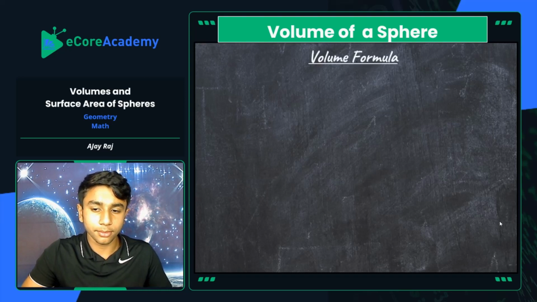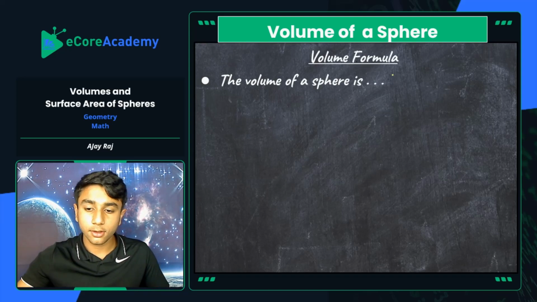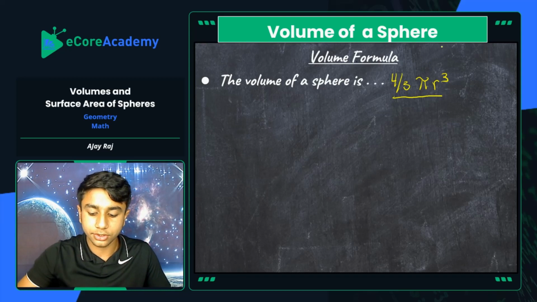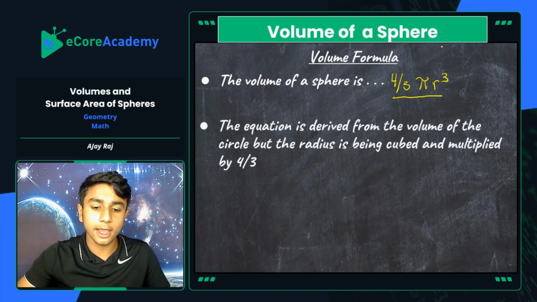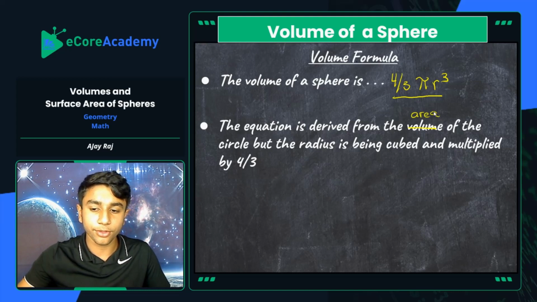So we have the volume formula of a sphere. The volume formula of a sphere is 4/3 pi r cubed. All of these terms should be familiar already, because they correlate to those of a circle. The equation is derived from the area of the circle, but the radius is being cubed and multiplied by 4/3.